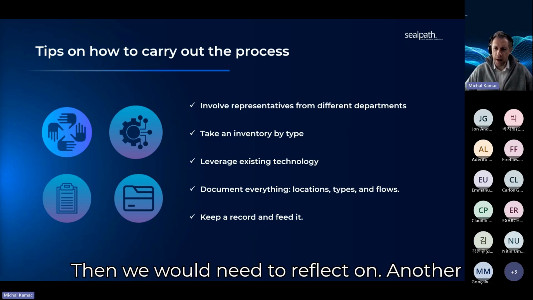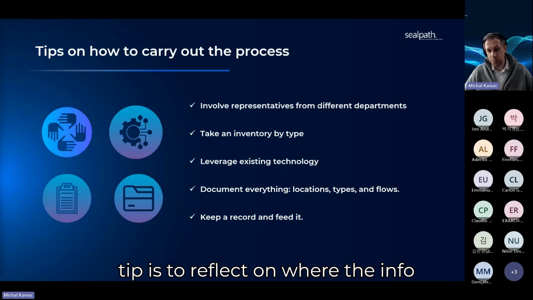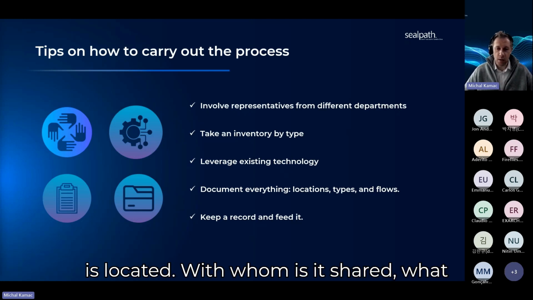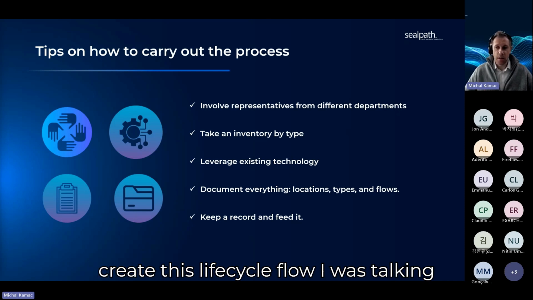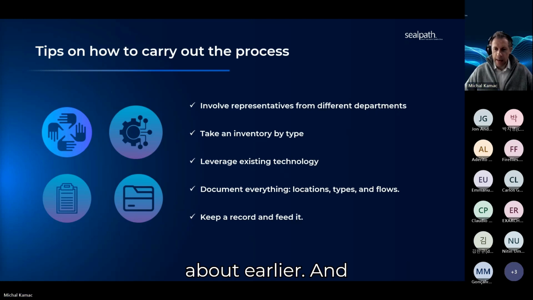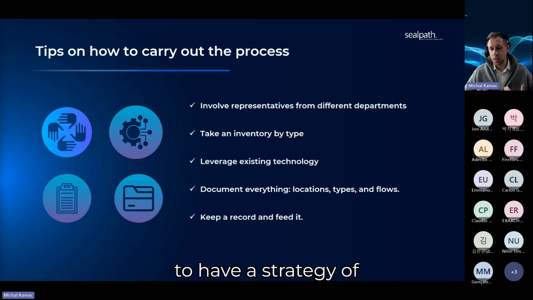Then another tip is to reflect on where the info is located, with whom it is shared, what kind of information it is. This helps to create this life cycle flow I was talking about earlier. And a very important point is to have a strategy of continuous improvement.